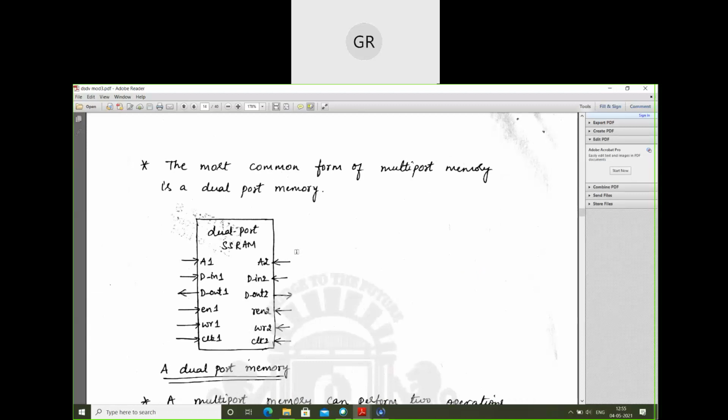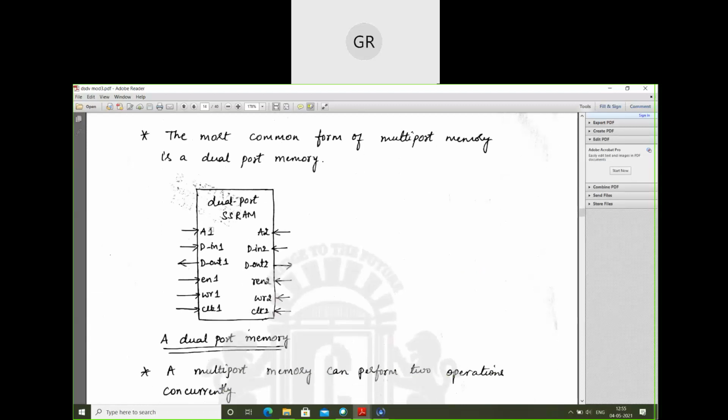See here, this is the symbol of dual port SRAM. A1, A2, Din1, Din2, Dout1, Dout2, enable 1, enable 2, WR1, WR2, clock 1, clock 2. Dual address lines, dual input lines, dual output lines, enable signal, write signal and clock signal.